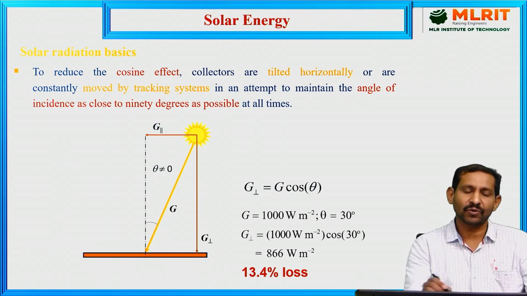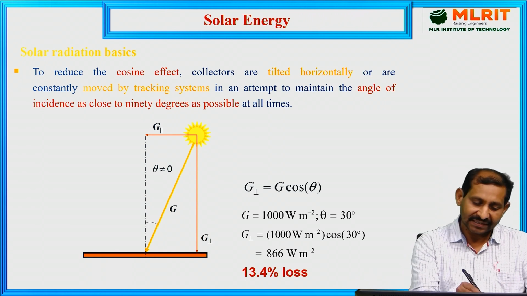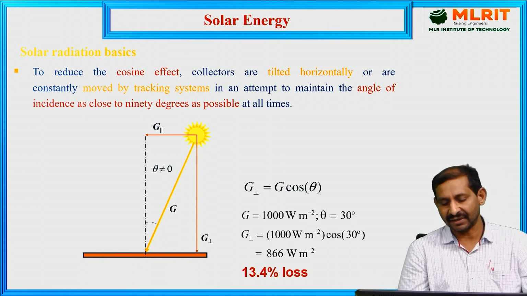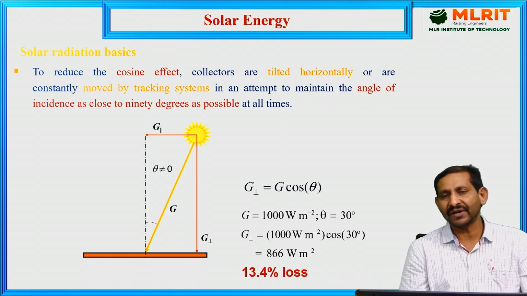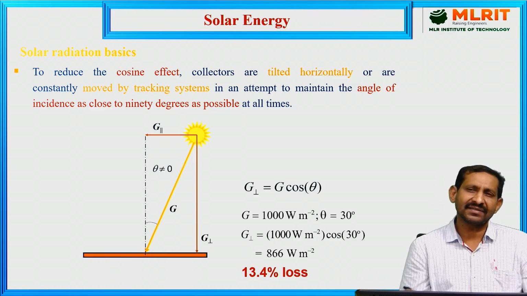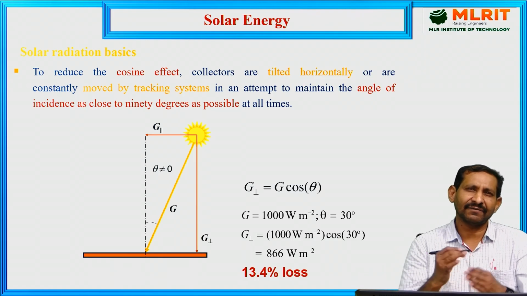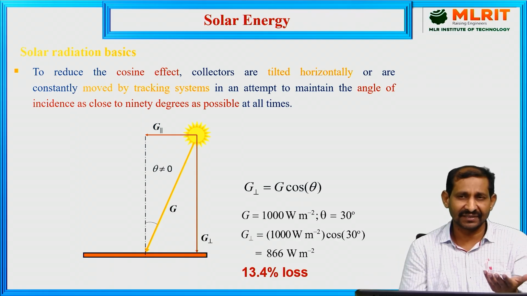Here, the cosine effect calculates how much energy will be lost. For example, here when it falls straight down, that is the maximum, 100%, so G is equal to 1000 watt per meter square. When the solar energy falls on the surface at an angle, some cosine effect comes in.